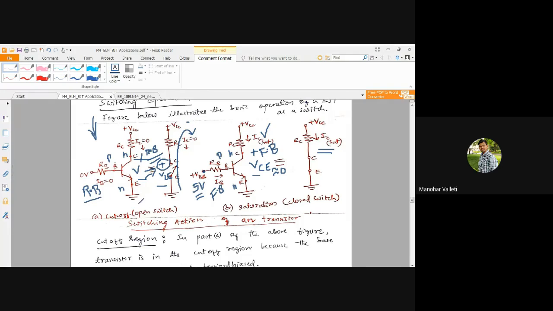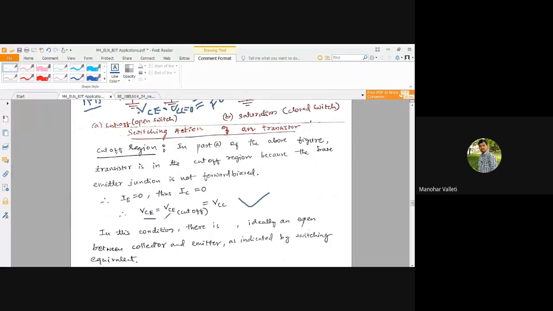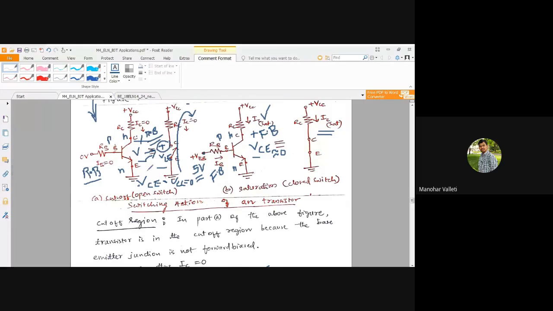So VCE, and you don't have any drop across the resistor, because IC is 0, so the drop across it is 0. So VCE minus VCC equal to 0 based on KCL. Then you will get VCE equal to VCC when the transistor is operating in the cutoff region.